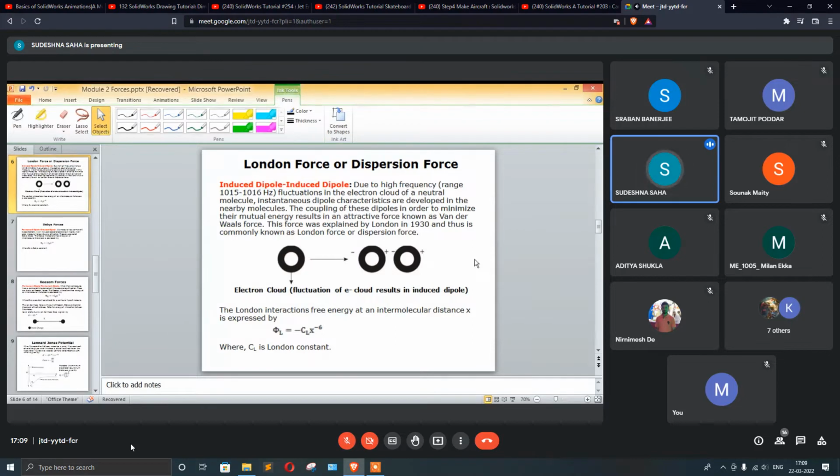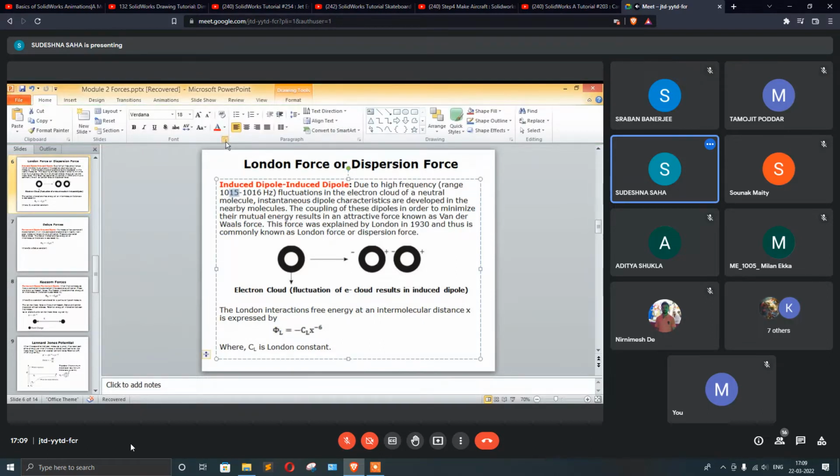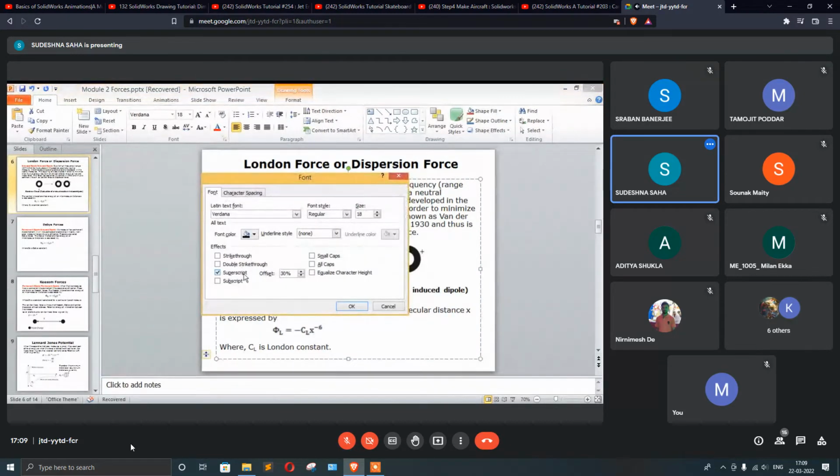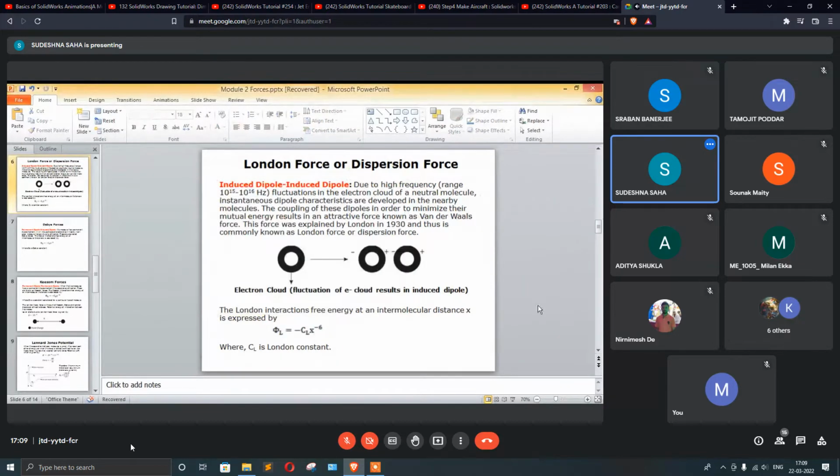Okay, so due to high frequency, in the range of 10 to the power 15 to 10 to the power 16, fluctuations in the electron cloud of a neutral molecule, instantaneous dipole characteristics are developed in the nearby molecule.